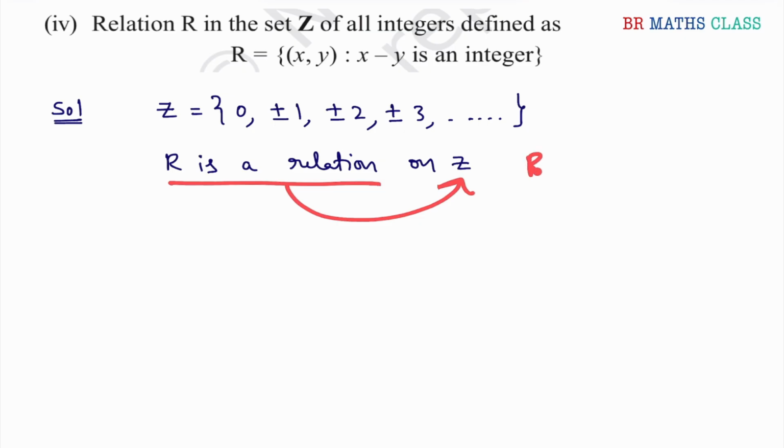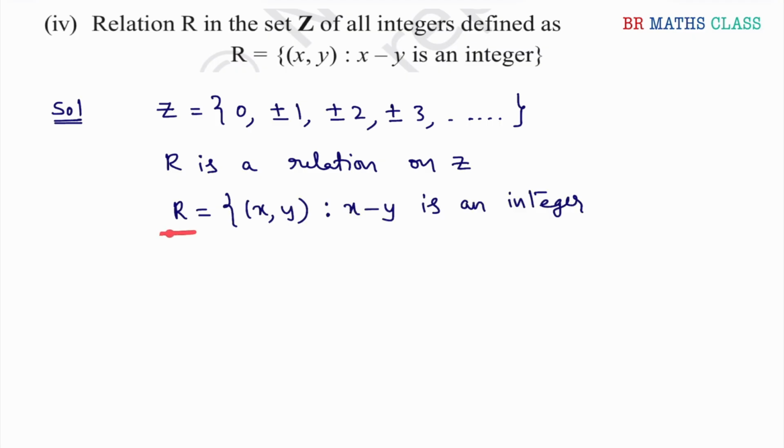It means that R is a subset of Z cross Z. Third point is how the relation is defined. The relation is defined as ordered pairs x comma y such that x minus y is an integer. These three points we observe first in every problem of this kind and then write them.